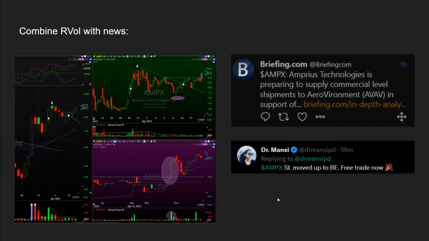And by the trade becoming free, what I mean is, even if my stop loss is now hit, it's going to exit me at the cost price and I'm not going to lose a single dollar on it. So using the RVol in combination with the news can give you a lot of minute data that can actually help you manage the trade much better.